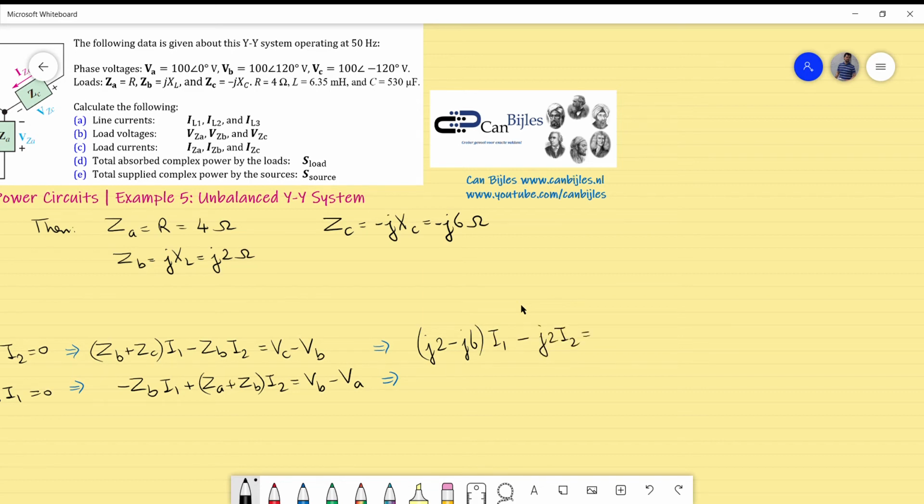Now VC is given as 100 volts, phase of minus 120 degrees, minus 100 volts, but this time phase of plus 120 degrees, for VB. Now if I continue for the second equation, it will be minus ZB, which is minus j2, times I1, plus 4 plus j2 times I2, equal to 100 volts phase 120 degrees minus 100 volts phase 0 degrees.